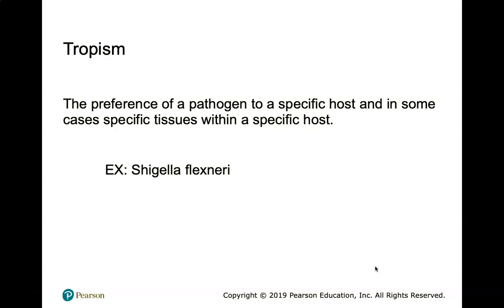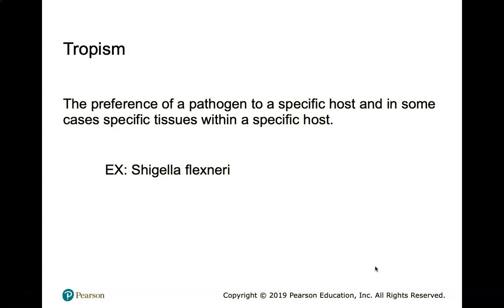A good example is Shigella flexneri. This organism likes to attack our GI system. It causes dysentery, and the pathogen attacks the gastrointestinal tract, specifically in the intestines of humans and primates.